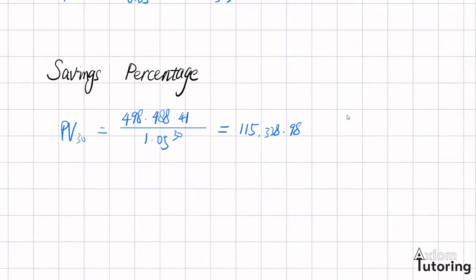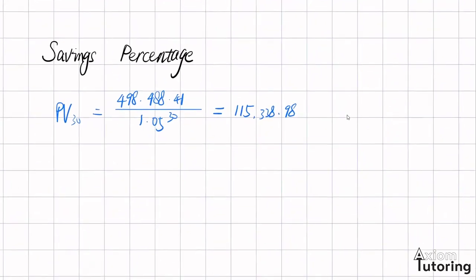And I know this present value of savings is made of 30 equal payments, or 30 equal savings here. So I can work out what the equal payments are. Again, we're using the annuity formula in another way, which is calculating the C, or the constant payments here.